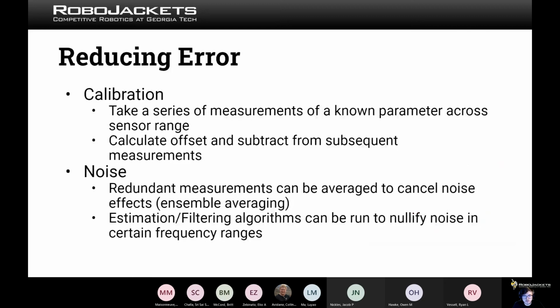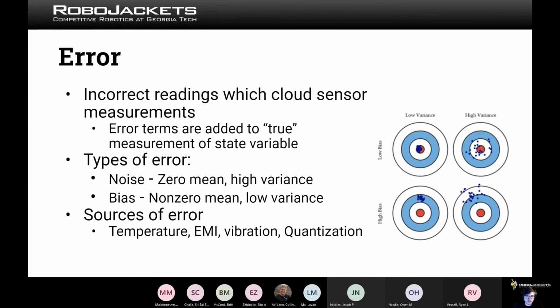So if at your initial calibration you're always at 5, but you should be at 0, you could just subtract 5 all the time. It's probably close enough, right? And you can add 2, it goes both ways. And then for noise, you can take multiple averages or multiple samples, right?